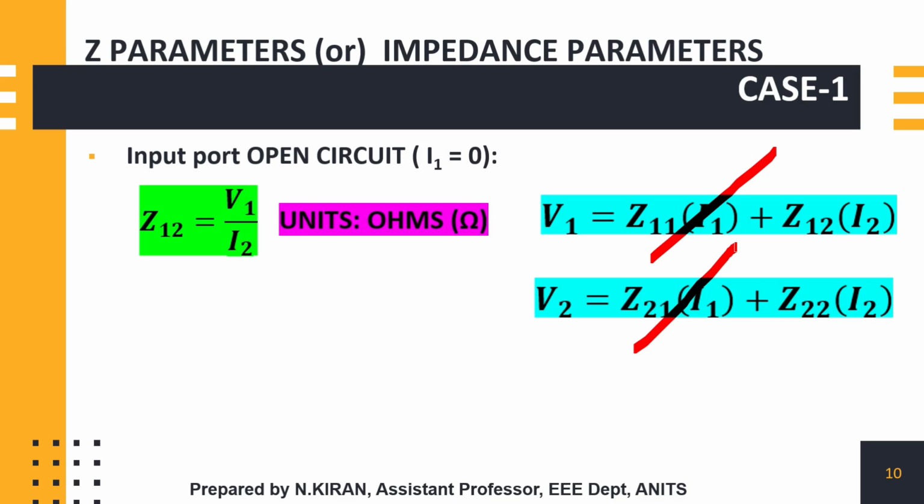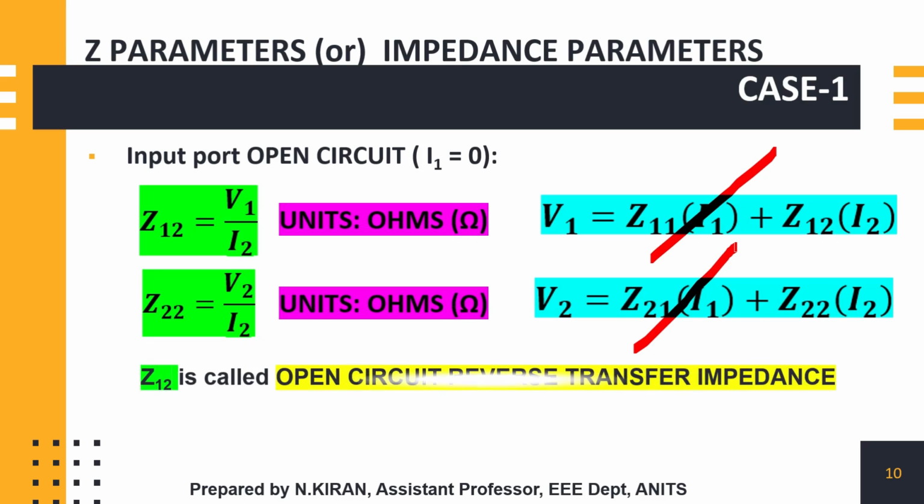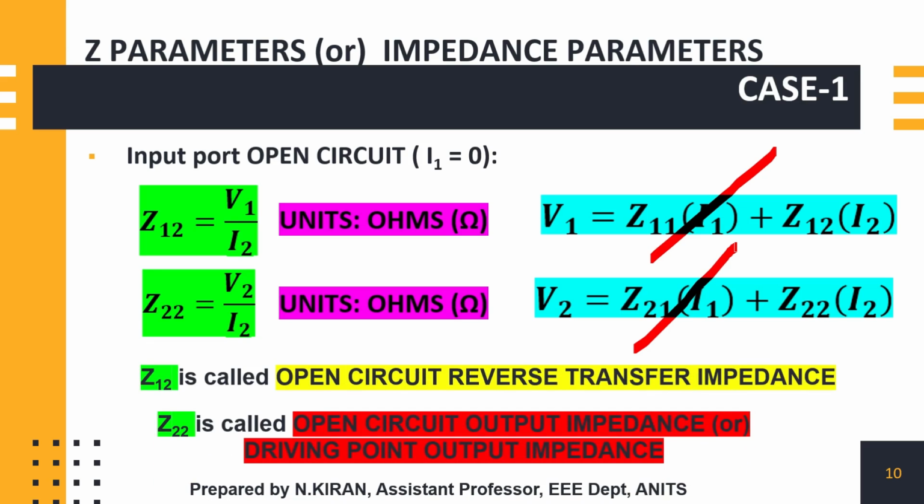Its units are ohms, and similarly from the second expression Z22 will be nothing but V2 by I2. Units are also ohms. Here Z12 is called open circuit reverse transfer impedance and Z22 is called open circuit output impedance or driving point output impedance.